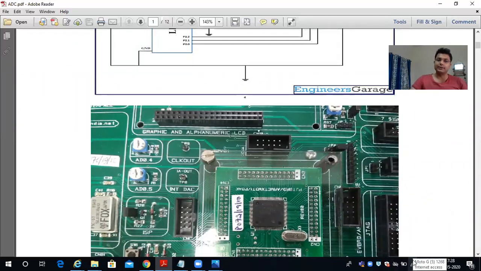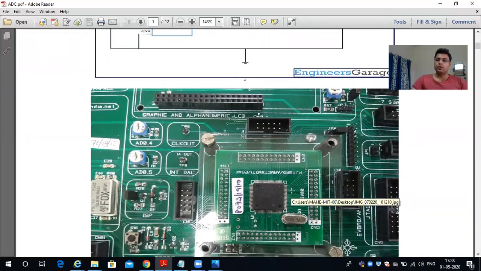Now we will understand how we will interface our ADC module with our core LPC1768. On our kit, two ADC modules are available, AD04 and AD05.